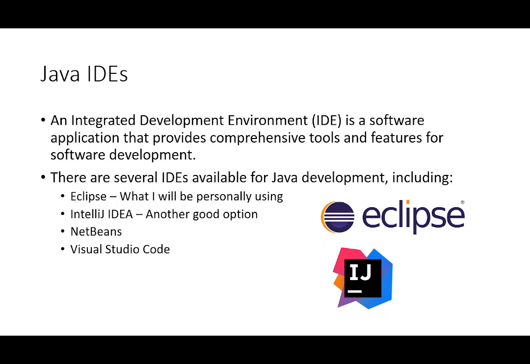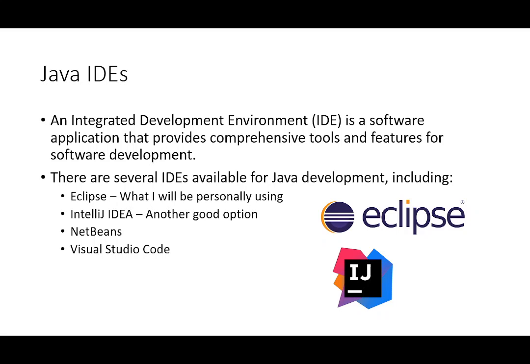So to code in Java, you could do it on the system console, but preferably, if you really want to create good software, you should use a Java IDE, which is an integrated development environment. It's a software application that provides comprehensive tools and features for software development. There are several IDEs available for Java development, including Eclipse, IntelliJ IDEA, NetBeans, and Visual Studio Code. There are also multiple other options.